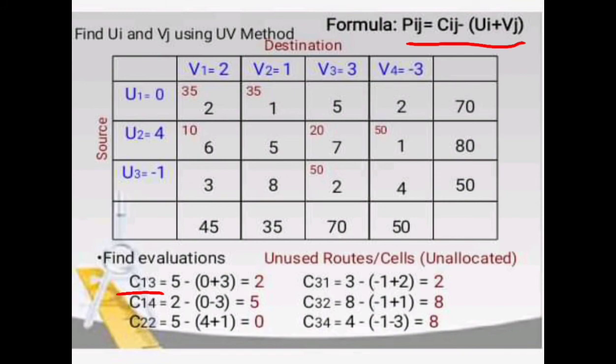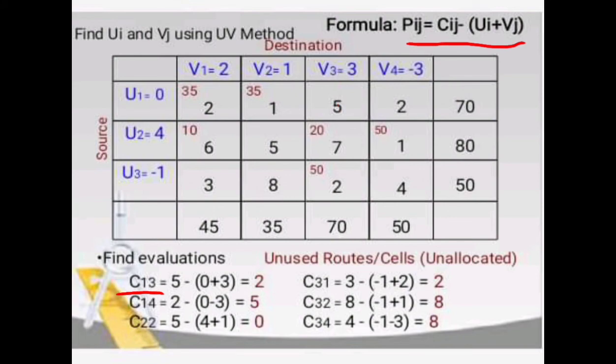C13 means the 1 is the row, and the 3 is the column, because the unallocated cell is within the first row and the third column. So from C_ij we have 5 here, minus U_i plus V_j. U1 is 0 plus 3, so we have an equivalent of 2.